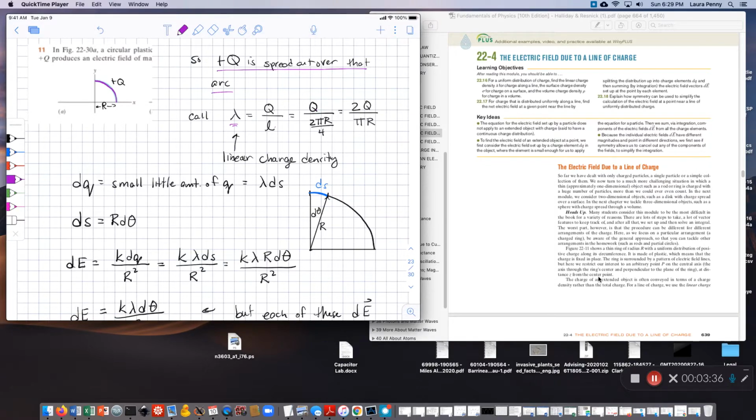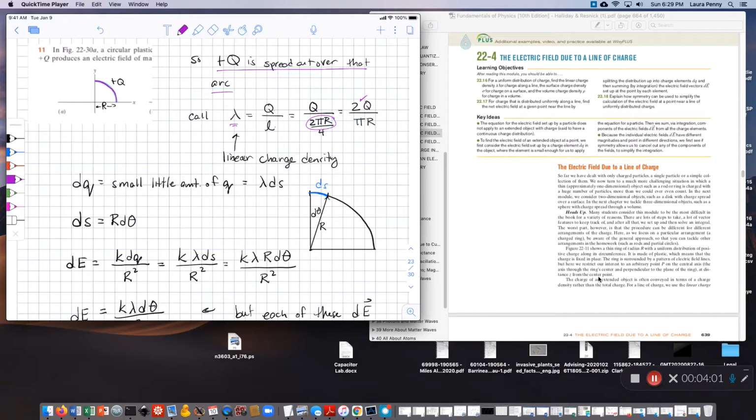The whole circumference would be 2 pi R, but it's just a quarter of that, so it's pi R over 2. The 2 comes up to the top, so lambda is 2Q over pi R. That's what we call the linear charge density. It tells me how much charge there is per meter, essentially.